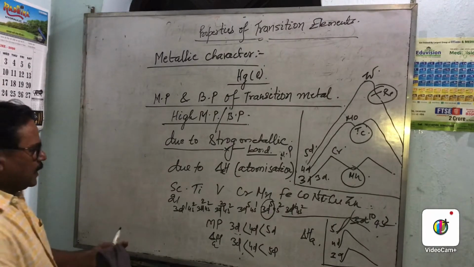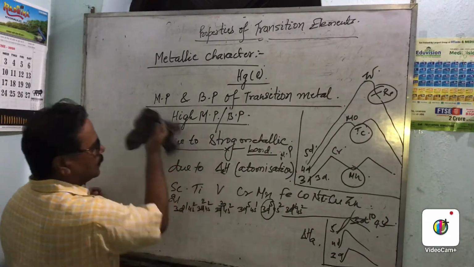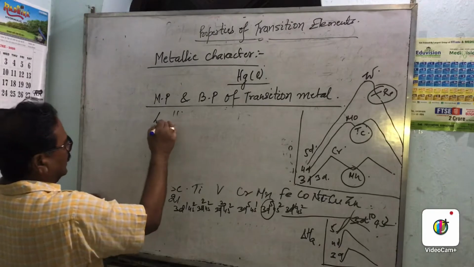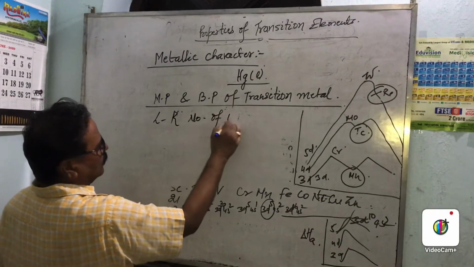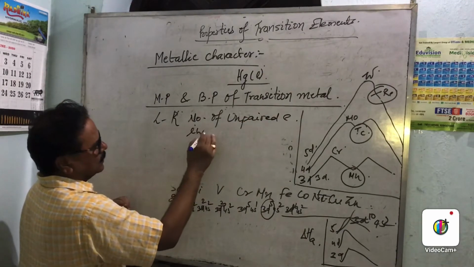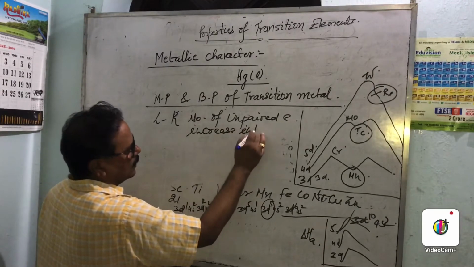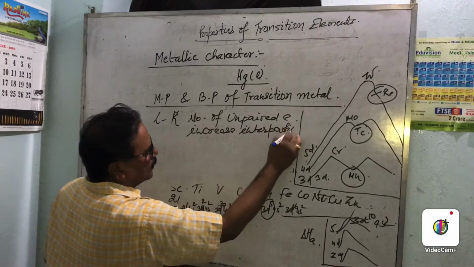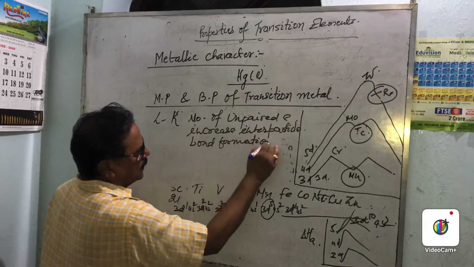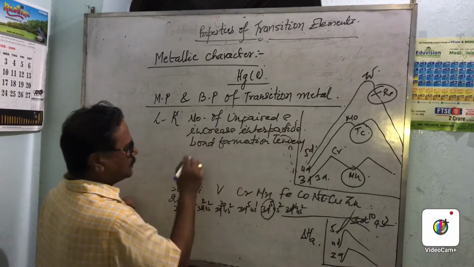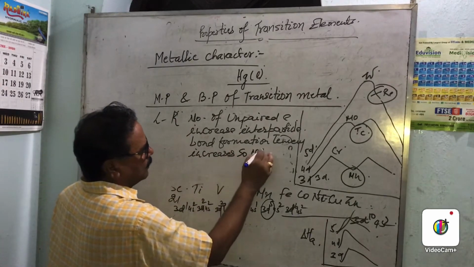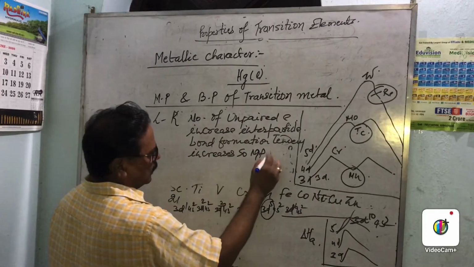Means the reason is very clear: the number of unpaired electrons increases left to right, interparticle bond formation tendency increases, so melting point increases.